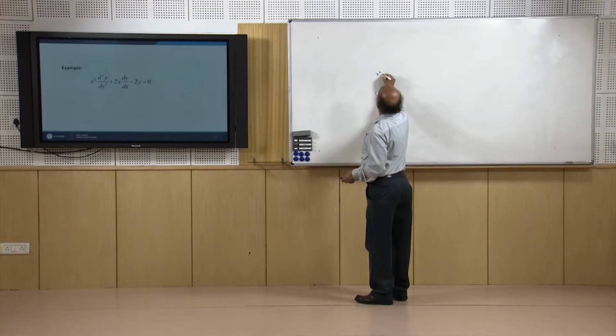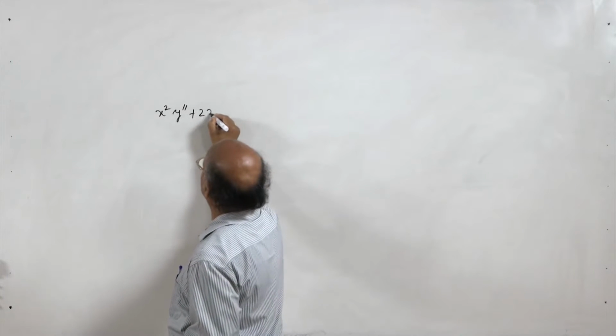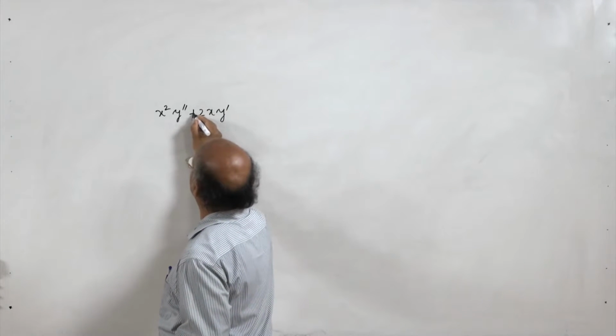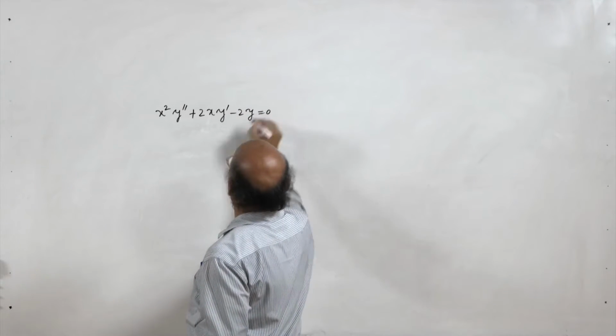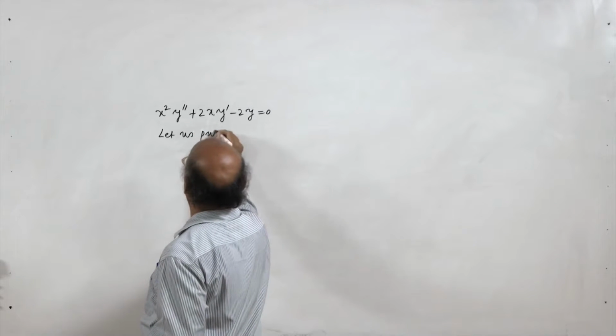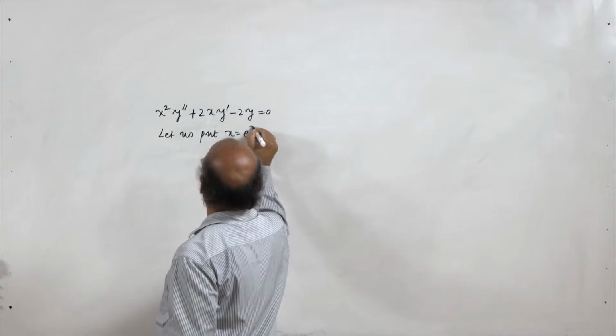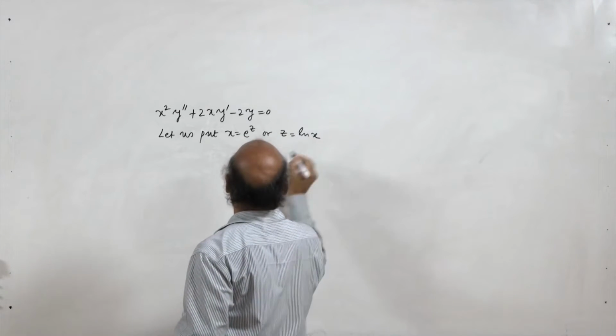So x squared y double dash plus 2x y dash minus 2y equal to 0. Let us put x equal to e to the power z, or z equal to ln x.